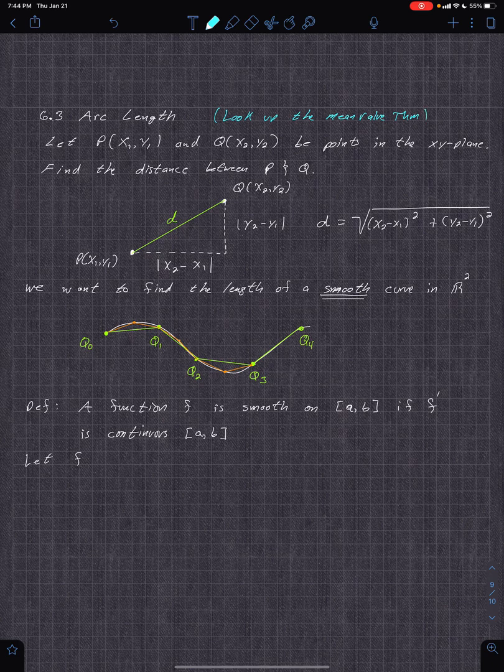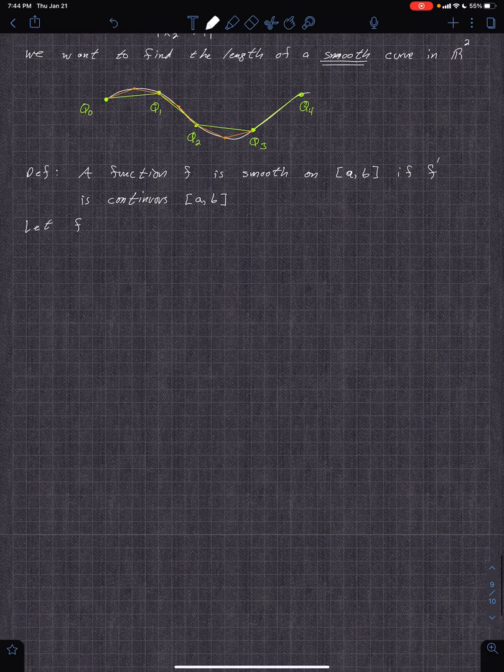I'm not going to want to stop and go back and review the whole thing. That's partly my notes too for later whenever I use this again. So let f be smooth on a closed interval from A to B.